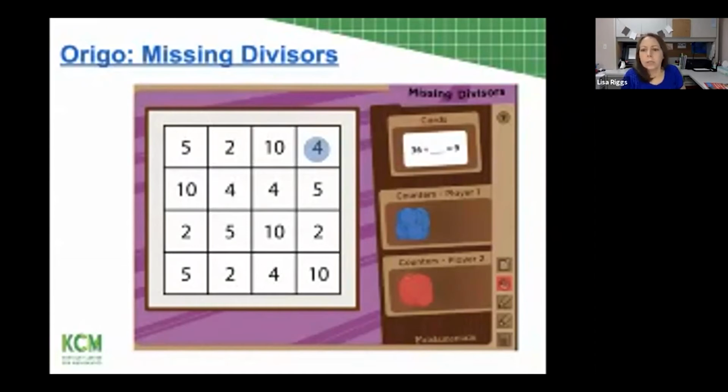So we want kids working both multiplicatively to find products, and also to think in the inverse relationship there. So this is the game from Origo, Missing Divisors. And this is linked, and it should go to that game to be able to play it virtually from Fundamentals.